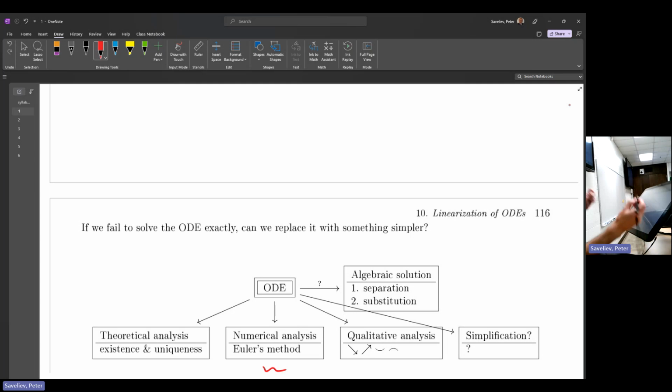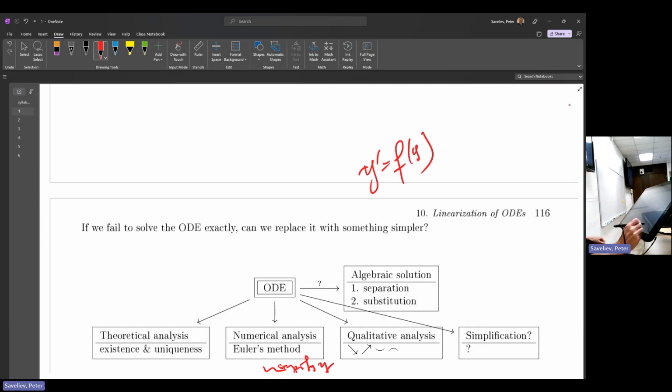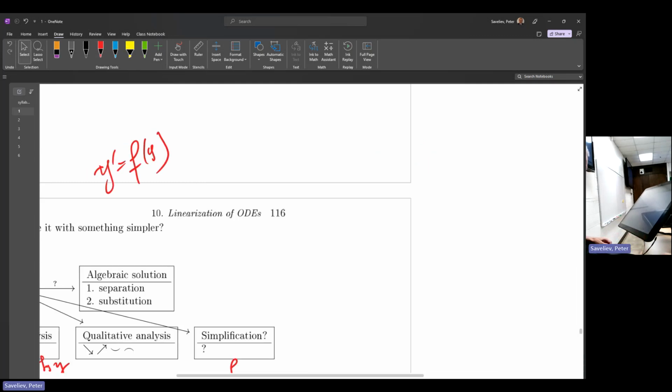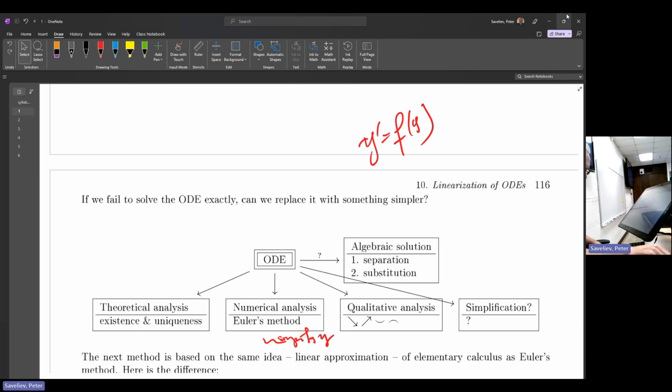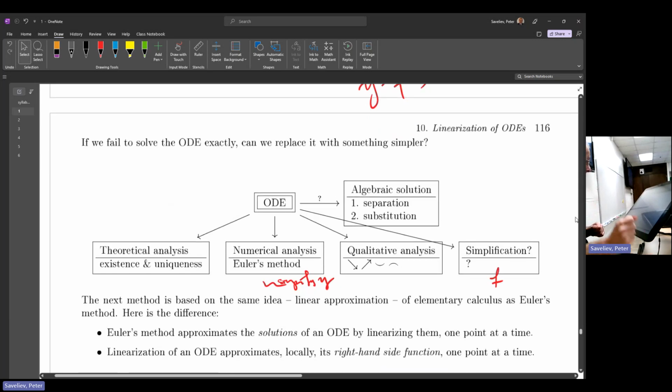Now the other simplification is of the differential equation itself, in other words, that f. So y prime is equal to f of y. You can simplify y, or you can simplify f. And the simplification has to be fair, and we replace it, we linearize it.